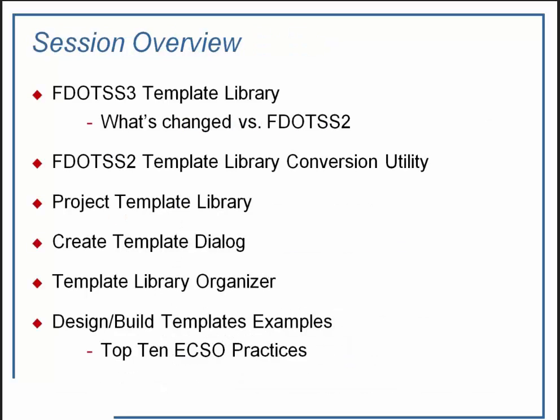In today's session, this is a bullet list of what I'd like to cover. First, I want to open up the new FDOTSS3 Template Library and show you some of the changes versus SS2. Then we developed a conversion utility to convert your SS2 project template libraries into SS3.